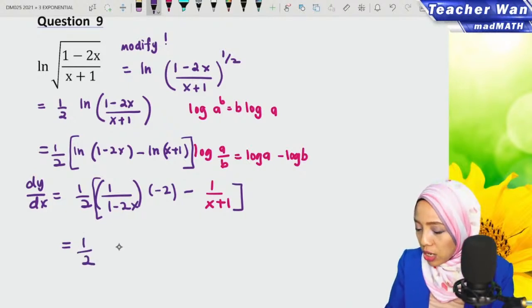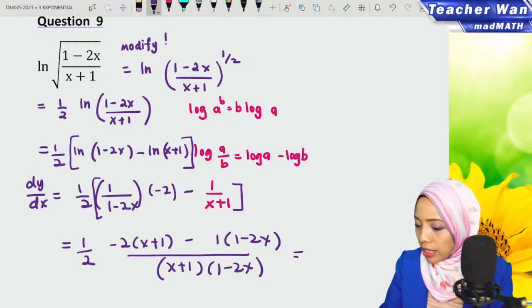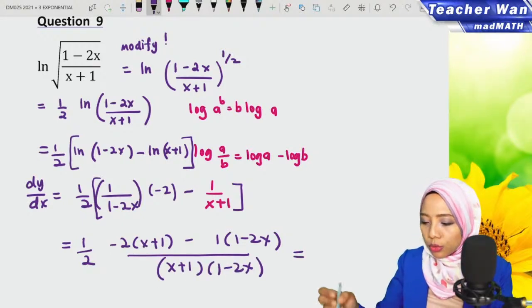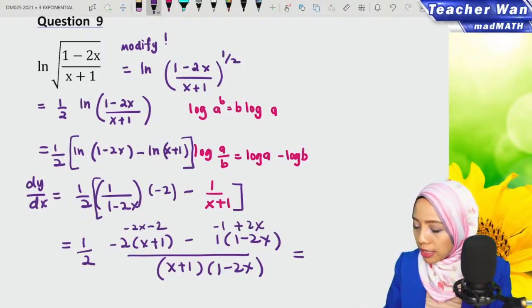Okay, so now negative 2 times x plus 1, minus 1, 1 minus 2x, over x plus 1, 1 minus 2x. Okay, this one will give you negative 2x minus 2. This is negative 1 plus 2x. Okay, this cancels with this.